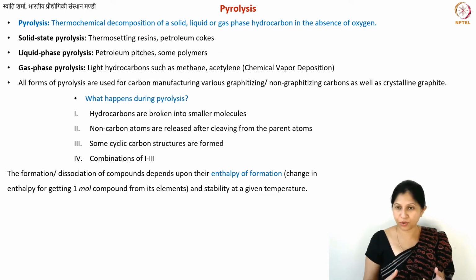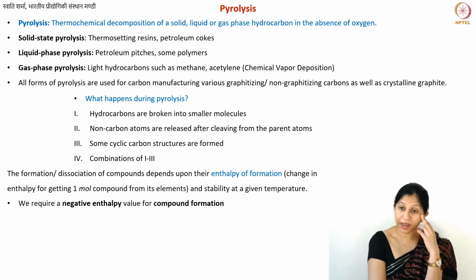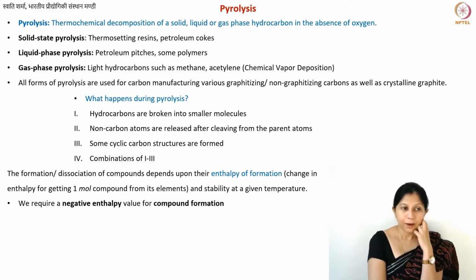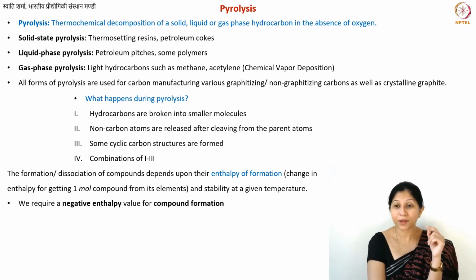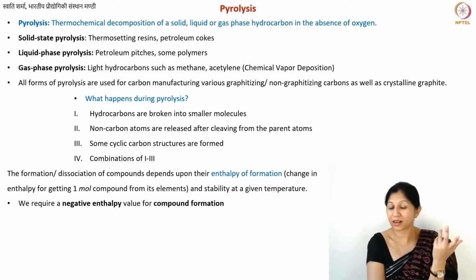How does that relate to pyrolysis? When you take a polymer, a heavy hydrocarbon, at a certain temperature, let's say 500 degrees, what will happen to it? Some byproducts are going to be formed, some small hydrocarbons. Which hydrocarbons? Will you get benzene, or methane, or some other smaller polymer-like structure?